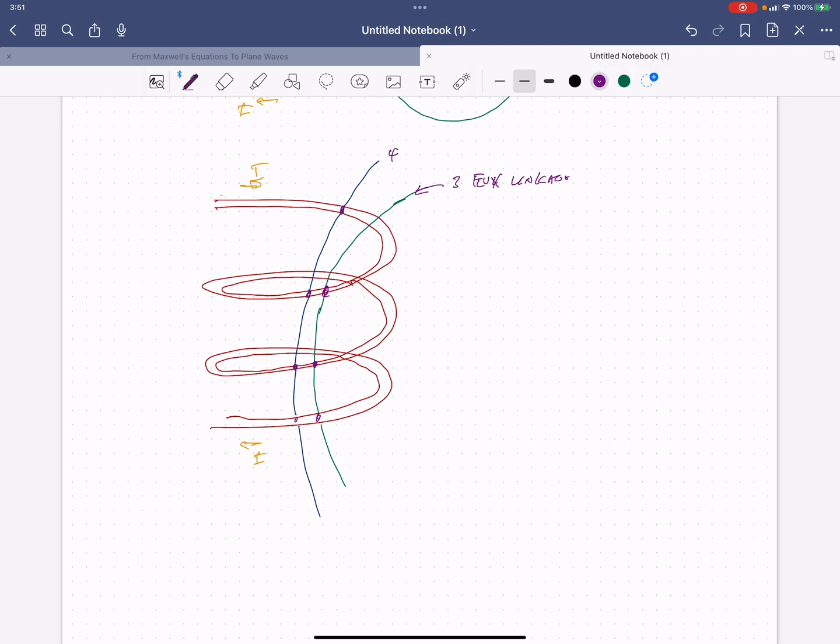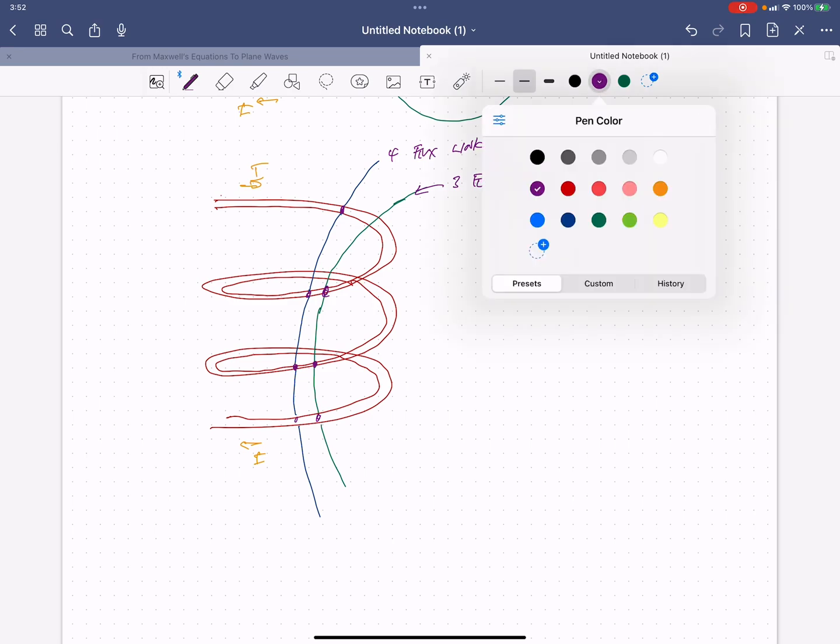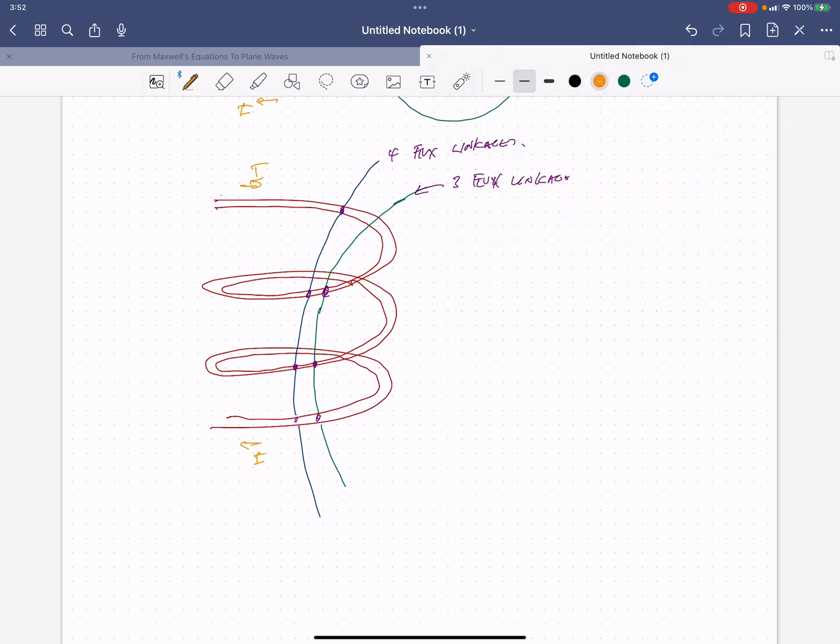So this one has 4 flux linkages. And then a line that would have 2 flux linkages would go here and here. So this would be 2 flux linkages.